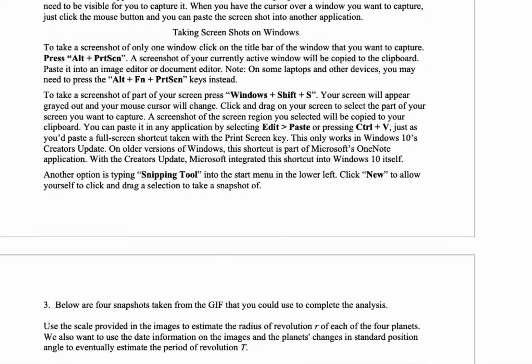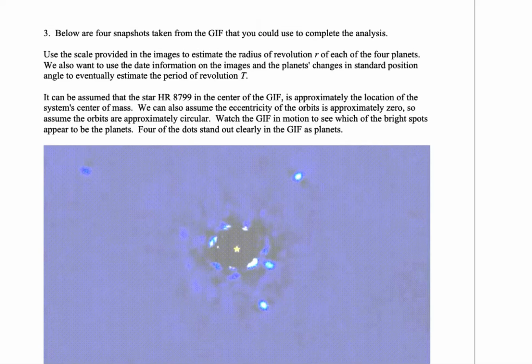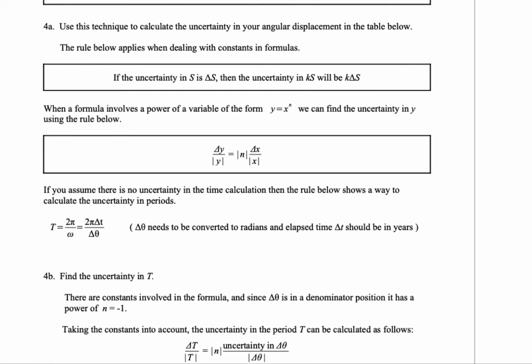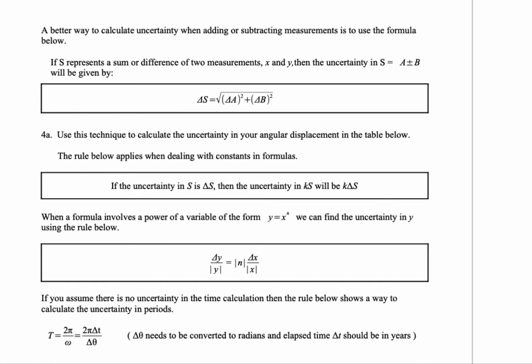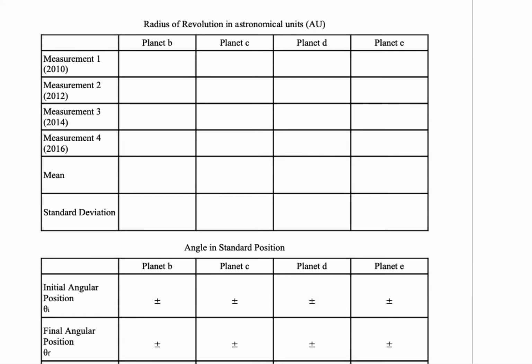Now let's try it with this new star. There's going to be an explanation down here, and there's going to be a data table. So what you need is the radius of revolution in astronomical units.